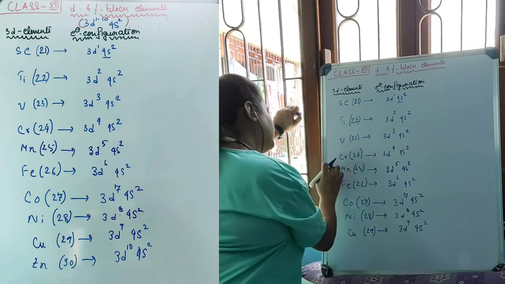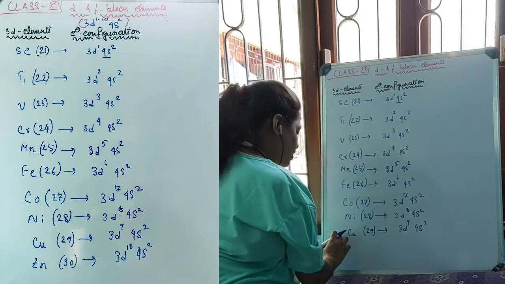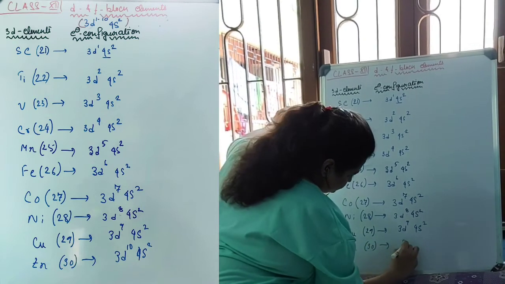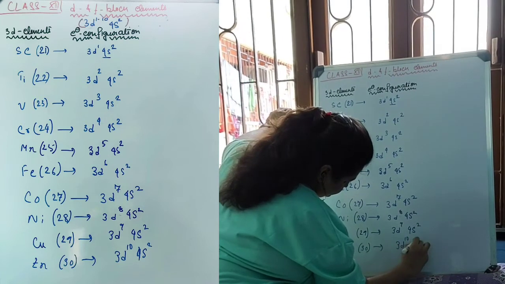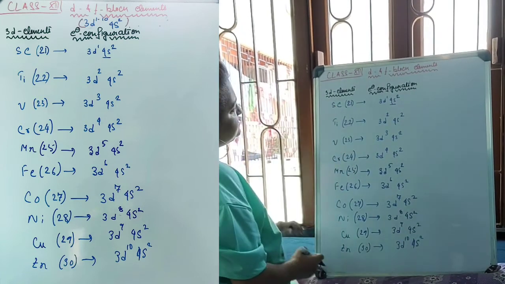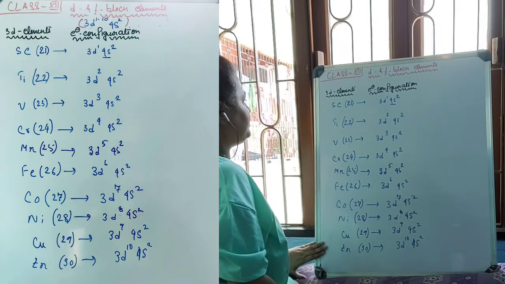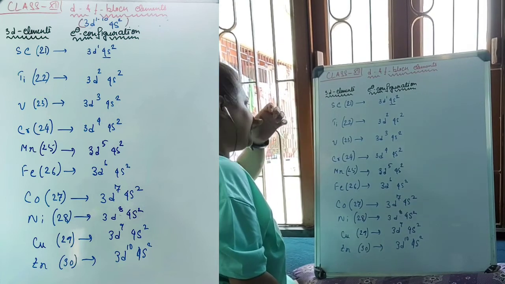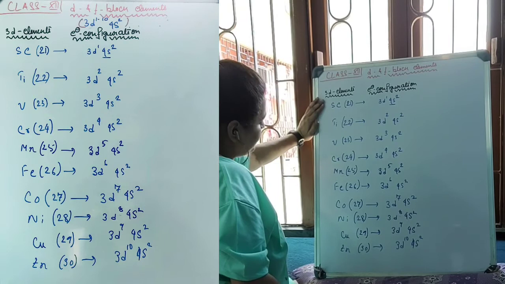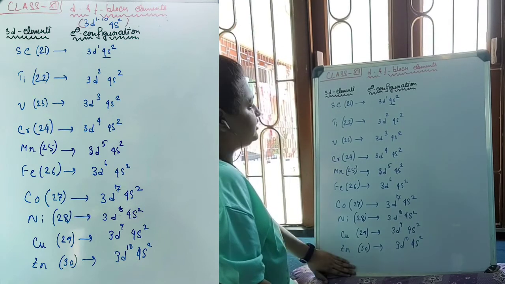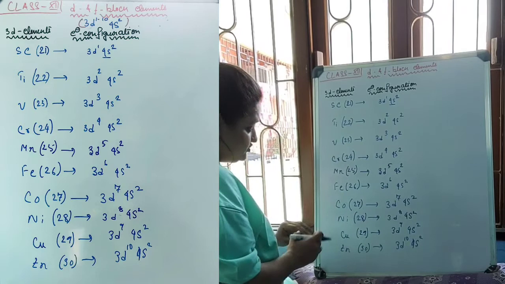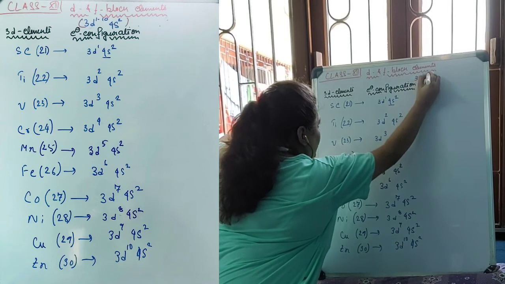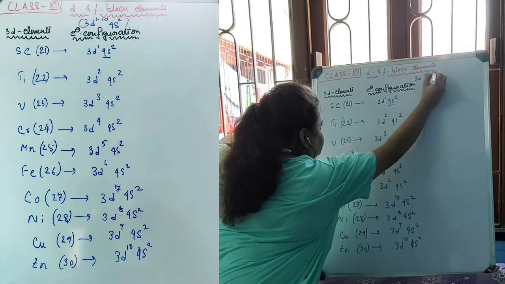Then zinc, 30, 3d10 4s2. This is the electronic configuration for the 3d series, or the first transition series, which starts from scandium having 21 electrons and ends at zinc having 30 electrons. The general electronic configuration will be 3d1 to 10, 4s2.